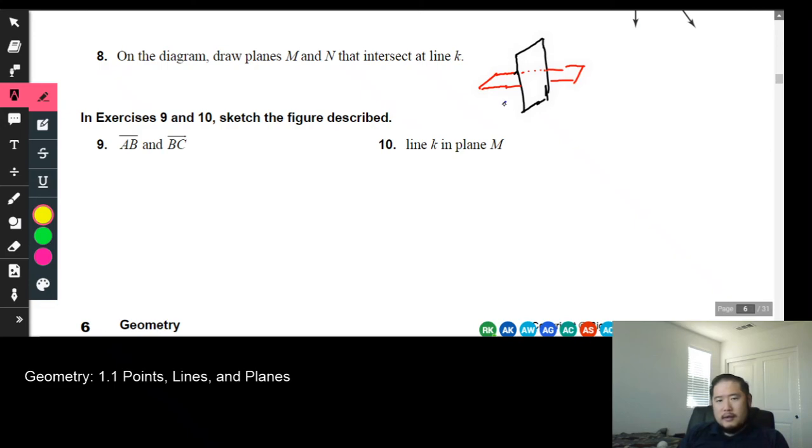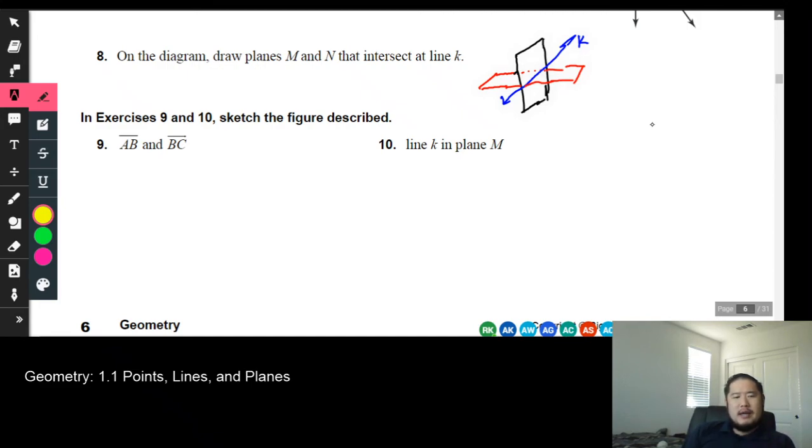And the line would do something like that. Lastly, we'll label this, and I'll put a lowercase k to represent our line. And there's our plane. All right.